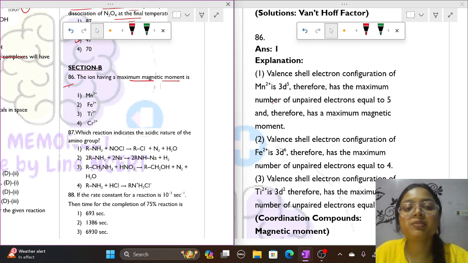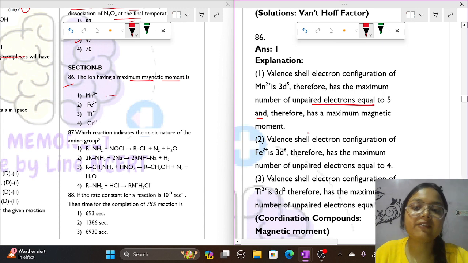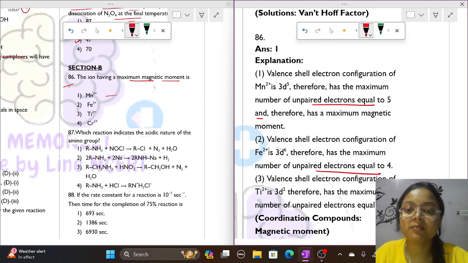So the maximum magnetic moment belongs to the one which has the largest number of unpaired electrons. For Mn2+, the unpaired electrons are 5. For Fe2+, the unpaired electrons are 4. For Ti2+, it has 2 unpaired electrons.